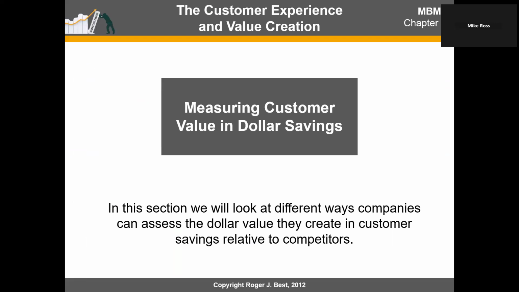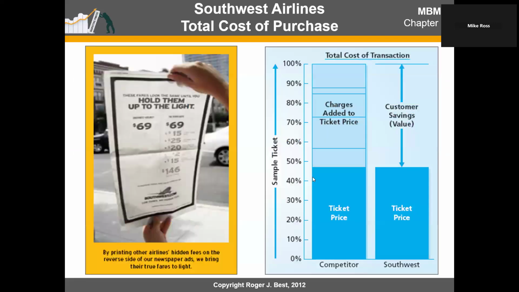So here we sort of get at the crux of this mathematical equation that we either consciously or more often than not unconsciously perform in our minds. So measuring customer value and dollar savings here. For example, probably most of us have flown on Southwest Airlines. And so we could compare, if over here on the right, the ticket price of Southwest looks like it's about 50% of the competitor.